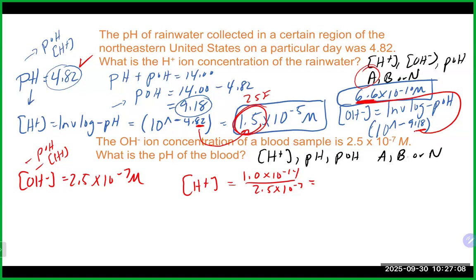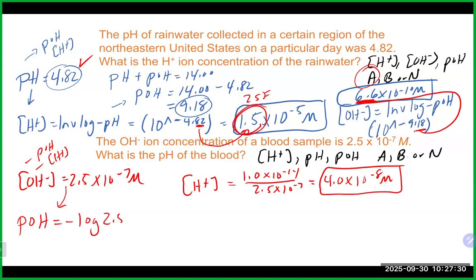That is going to give me an H plus concentration here. Too many zeros to count. It's going to give me, I think, 4.0 times 10 to the minus 8 molar. Clearly here we could get the pOH by just taking negative log of 2.5 times 10 to the minus 7.